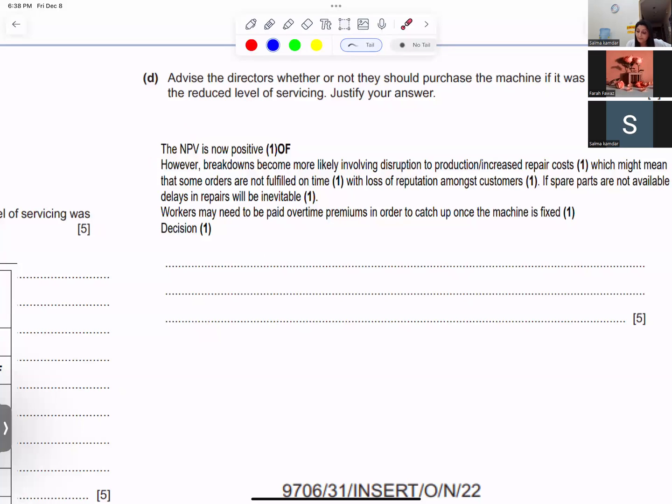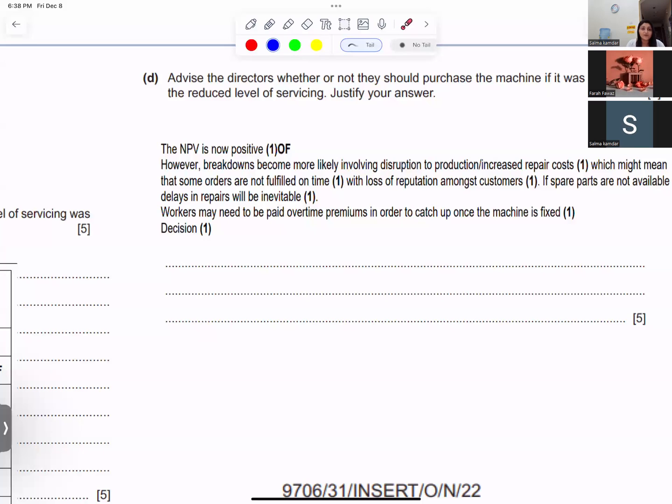But there will be more breakdowns. That means there is increased repair cost. That means you will not be able to fulfill the order on time, with loss of reputation. If you are taking the financial factors into consideration, you should take the advice of the finance director.